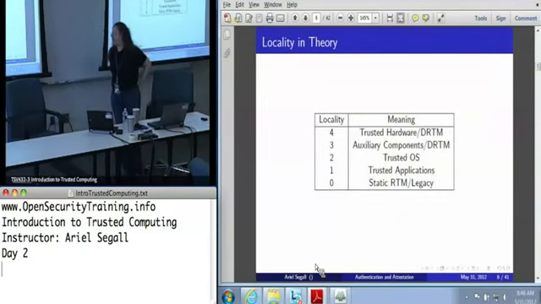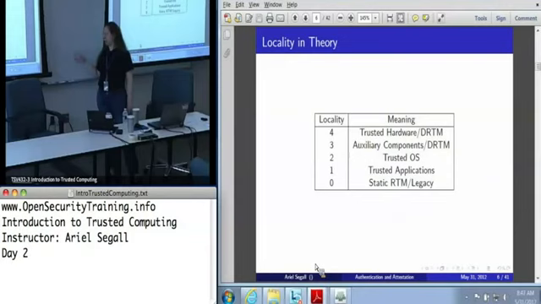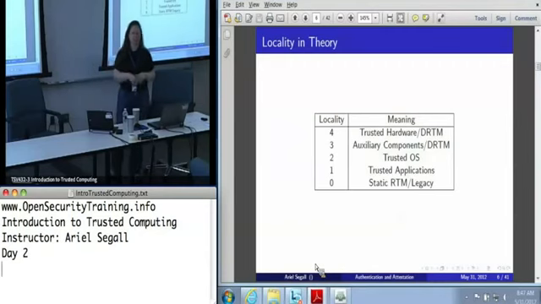So in theory, there are 5 distinct localities within a TPM. You've got the trusted hardware, which is to say the dynamic root of trust for measurement. The way this works is that there's this tiny little piece of CPU firmware that then measures a slightly larger set of measurement code.